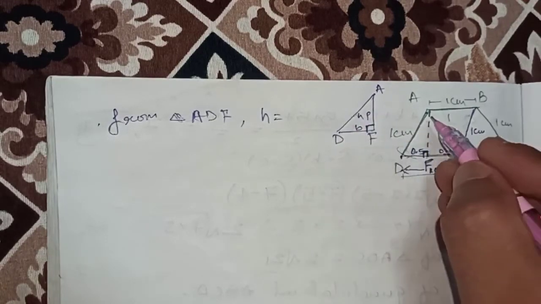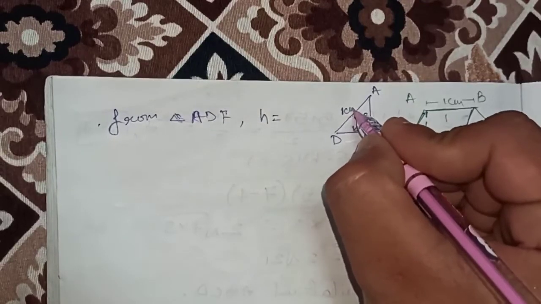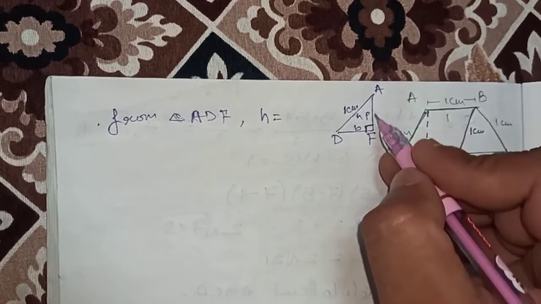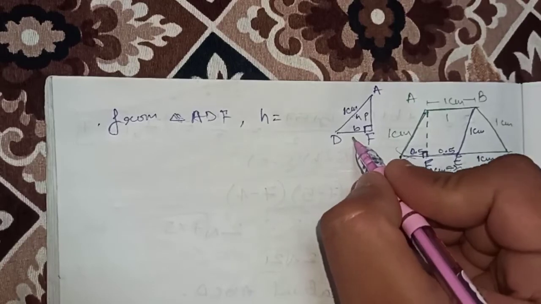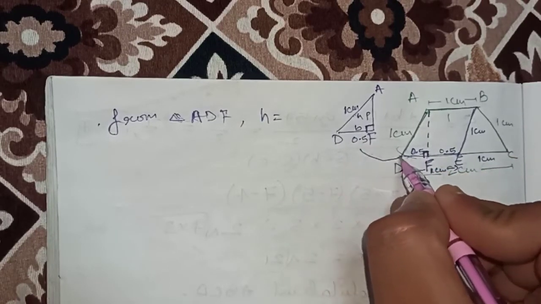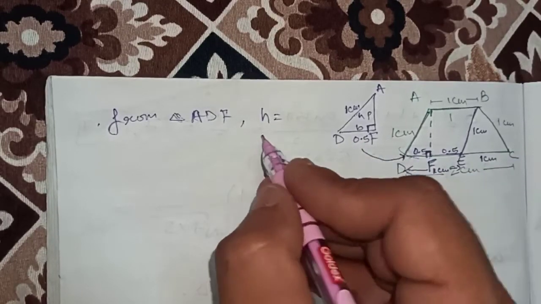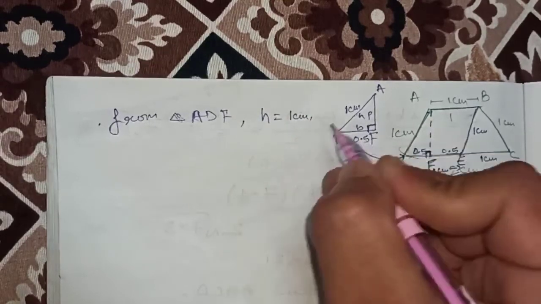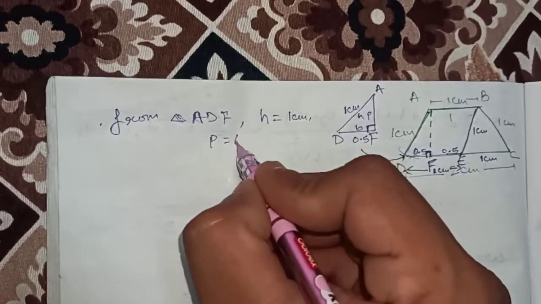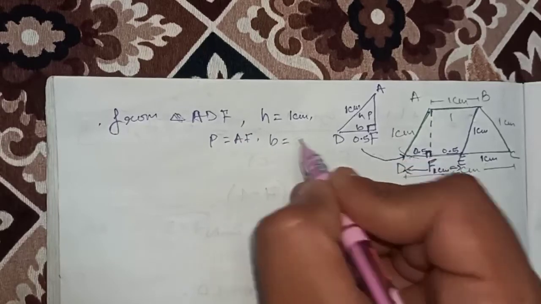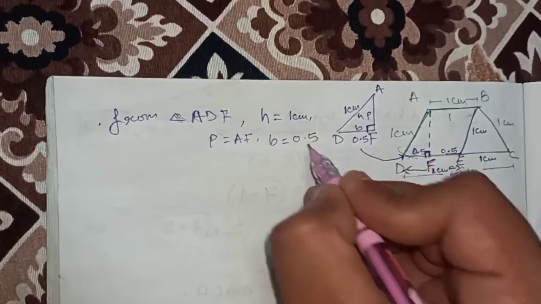So hypotenuse is how much? 1 centimeter. This line length we don't know. This is 0.5. So H is 1 centimeter, P is AF and B, the base, is 0.5.